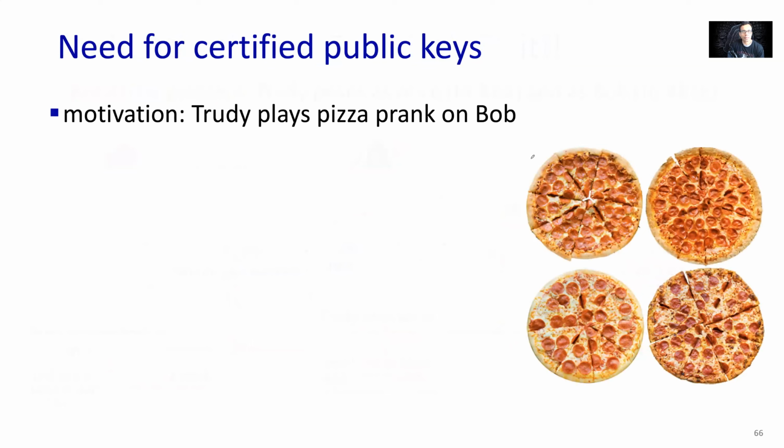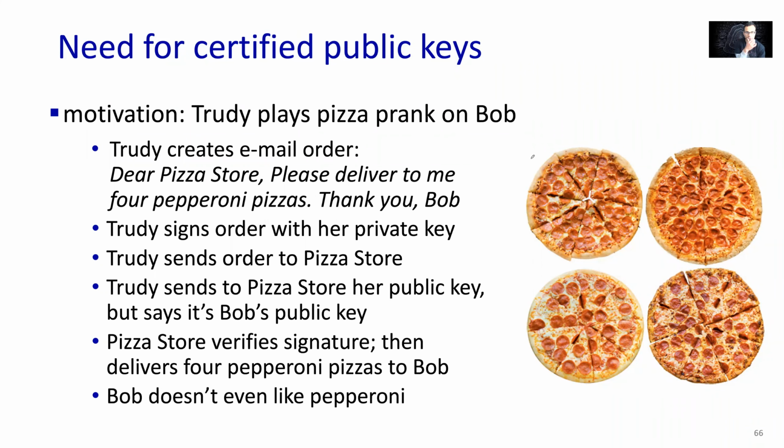I could also give you a more kiddish example, a little sort of naughty example of why we might also encounter this problem in the context of digital signatures. So imagine here Trudy wants to play a prank on Bob. So Trudy could create an email order saying, hey, pizza store, please deliver 4 pepperoni pizzas.